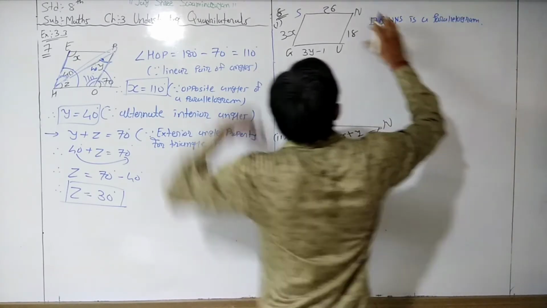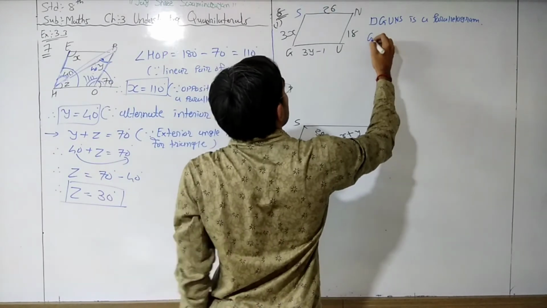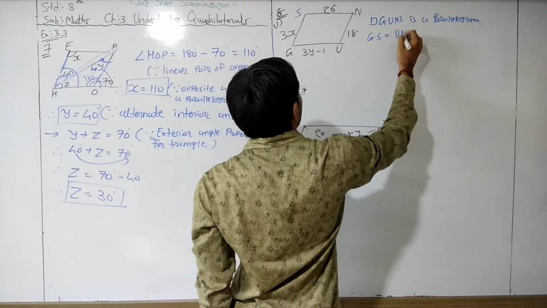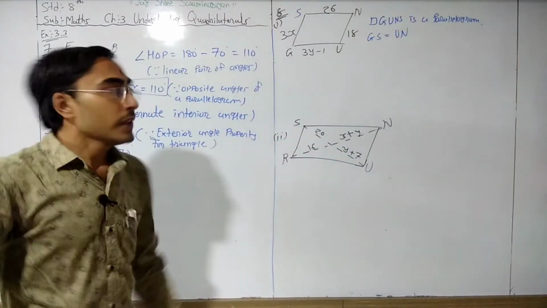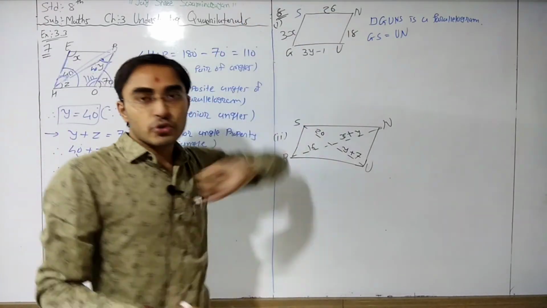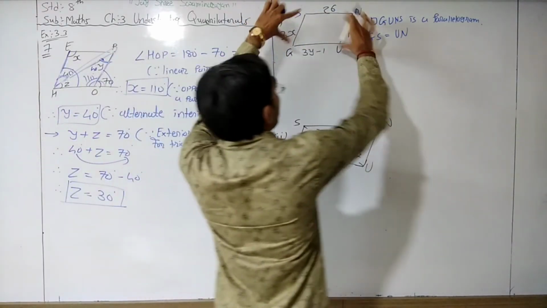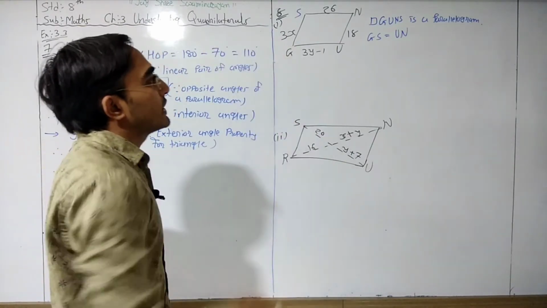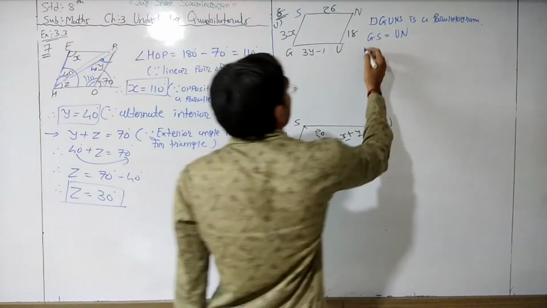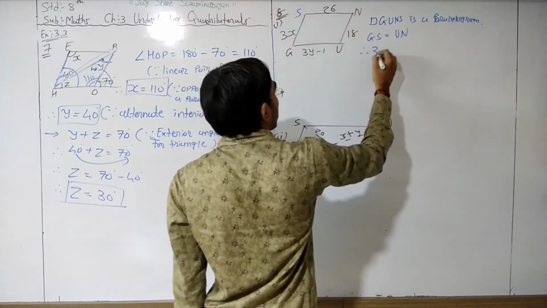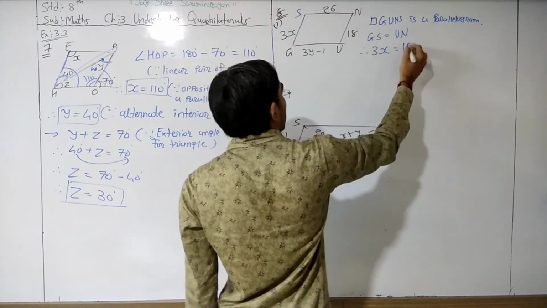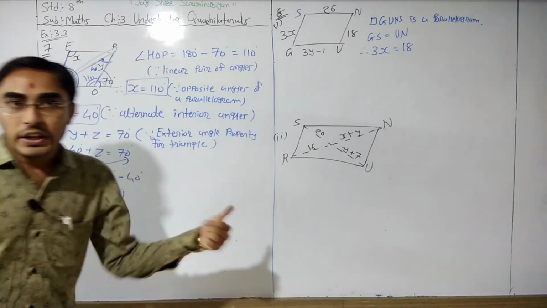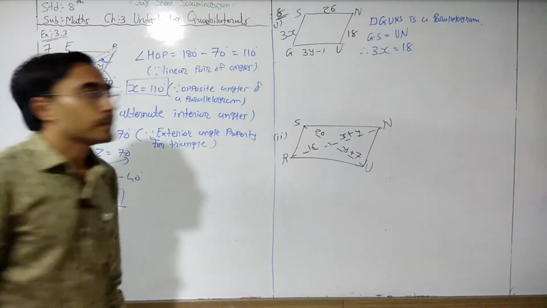So first of all we use these two sides, GS is equal to UN. That means these two opposite sides are equal. Now put the values of GS and UN here. GS is 3x, UN is 18. So from here easily you can get the value of x.